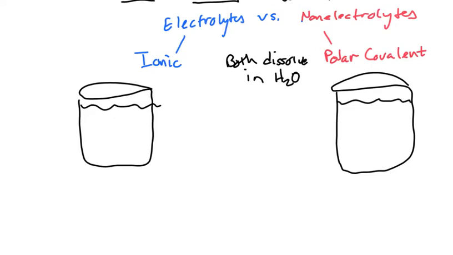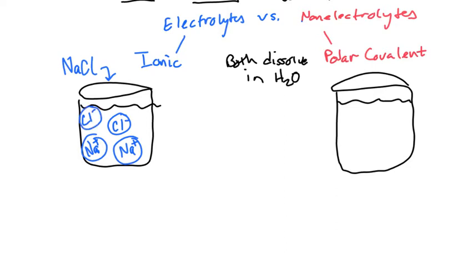Ionic compounds, such as sodium chloride, which is kind of a classic example, will go into this beaker as a crystal structure, and it's going to get torn apart by these water molecules, and what we're left with are a whole bunch of ions in the ratio, of course, 1 to 1, because for every 1 sodium, there's 1 chlorine. We don't see any subscripts, so we assume that it's an invisible 1 as a subscript. So here they're going to break apart into ions.